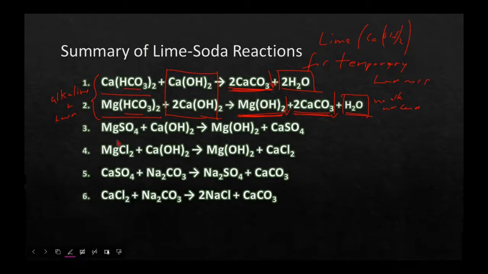Now, as for the permanent species, so we've got magnesium sulfate and let's look at the magnesium sulfate first. I was saying that the lime is only for temporary hardness. It gets rid of temporary hardness. Well, it is also being used here.